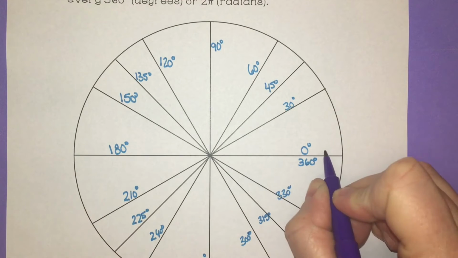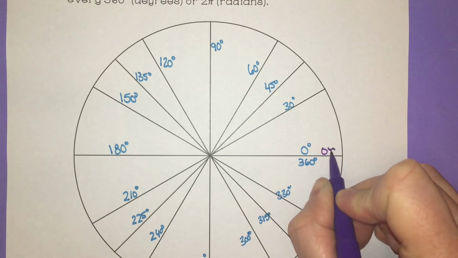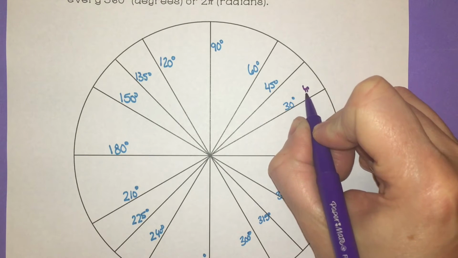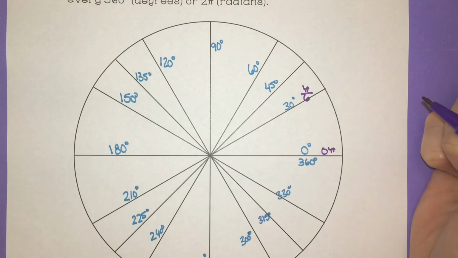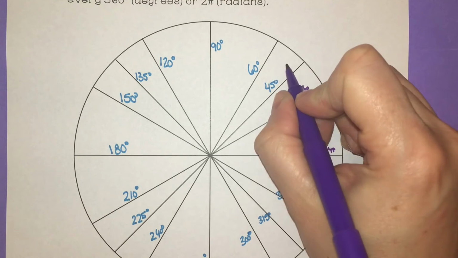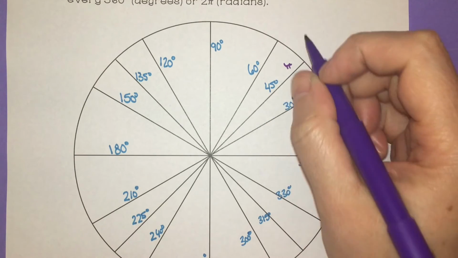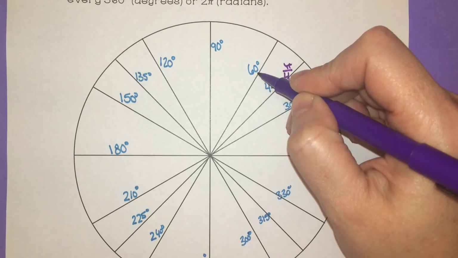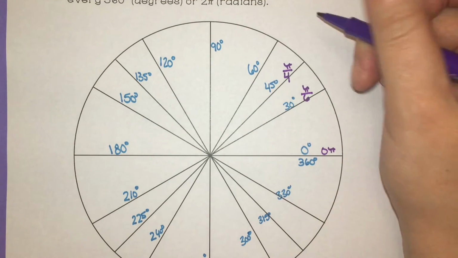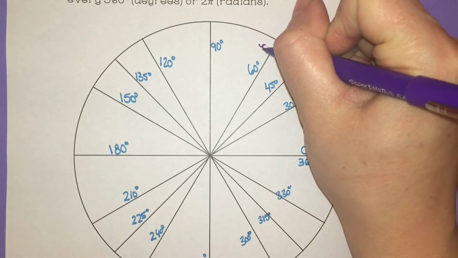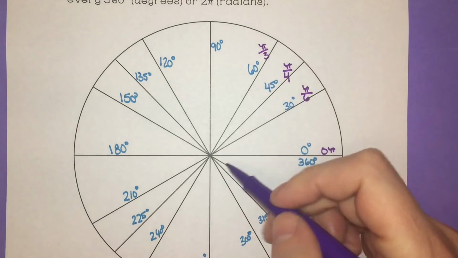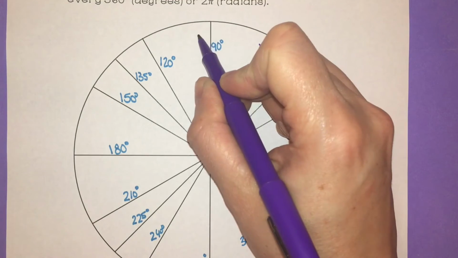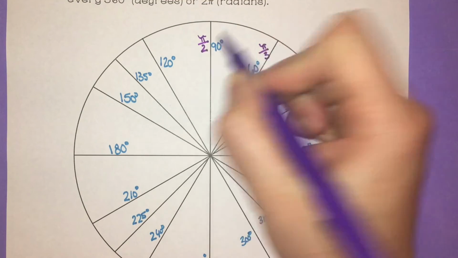When we're at 0 degrees, it would be 0 pi. 30 degrees is pi over 6. 45 degrees, pi over 4. 60 degrees is pi over 3. All the way up at 90 degrees, we are at pi over 2.